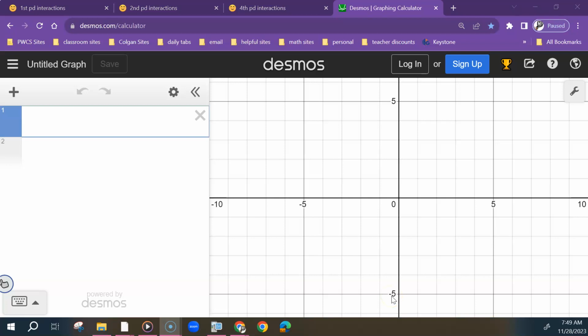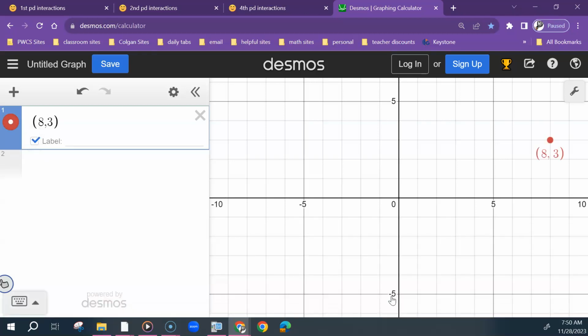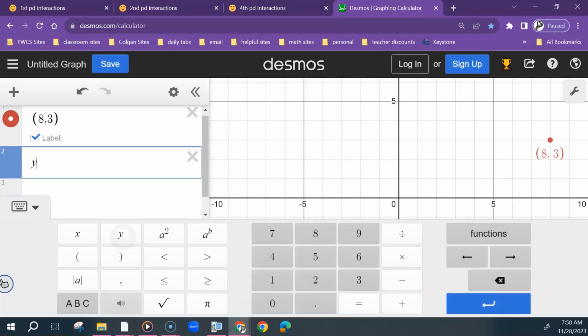Similar to the process we did before on writing equations, we're going to type in the ordered pair for number 6, 8, 3. You can label it if you so choose. There's a label. Type in the equation that's given, y equals -1/4 x plus 7.